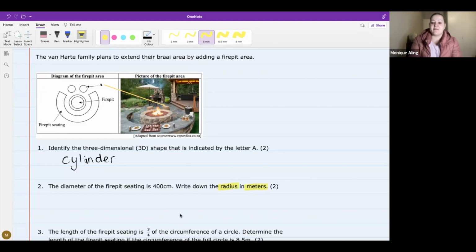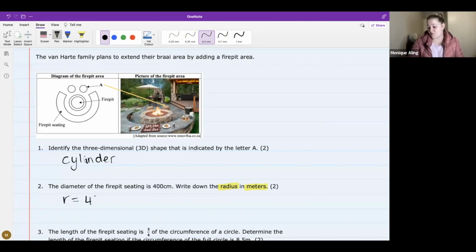Does anyone want to tell me how they got that? Anyone feel like chatting to me? It's a nice, easy one. Oh, I'm getting different answers. Okay, so remember radius is our diameter divided by 2.